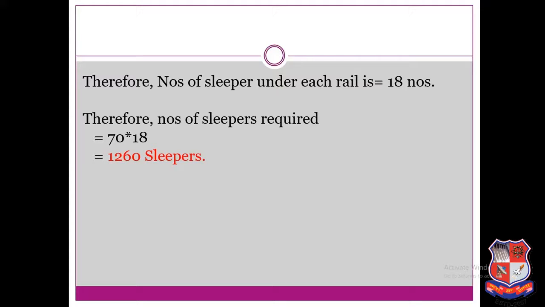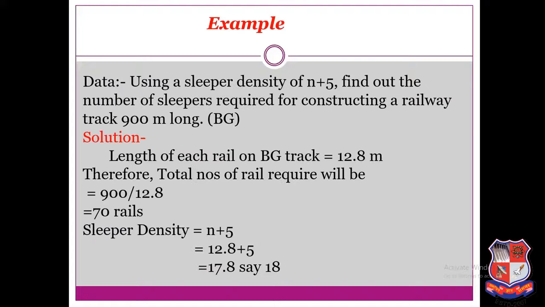It means in the 12.8 meter length of rail, 18 sleepers are required. So the number of sleepers required for 900 meter long track is 70 into 18, which is 1260 sleepers.